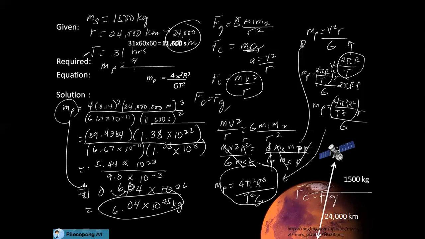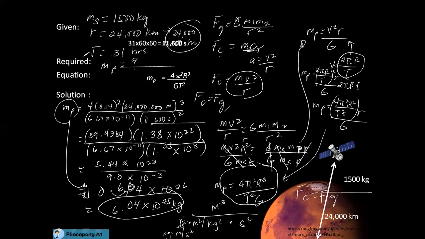So let us see how we cancel out our units. There are no units for pi. We have the cube, m cubed, and then we have Newton meter squared per kilogram squared, and then we also have second squared here. So we need to convert Newton into kilogram meter per second squared.